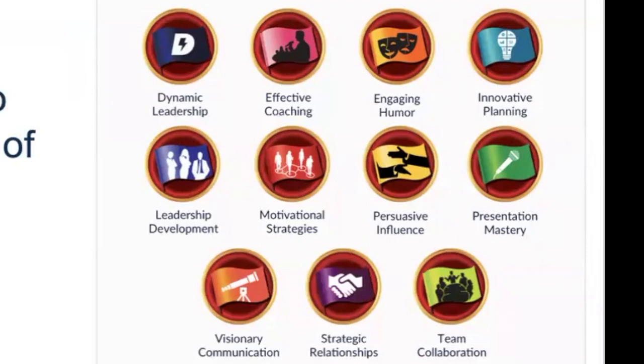I'm sure as I read them, you can see something in it that maybe resonates with you and say, oh, I want to do that. We've got leadership development, motivational strategies, persuasive influence, presentation mastery, visionary communication, strategic relationships, and team collaboration.